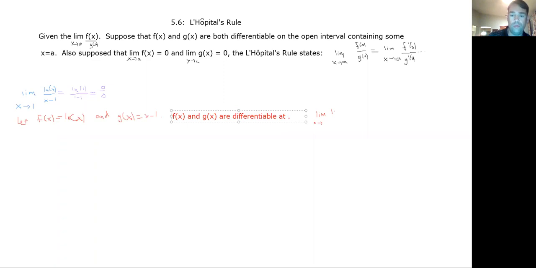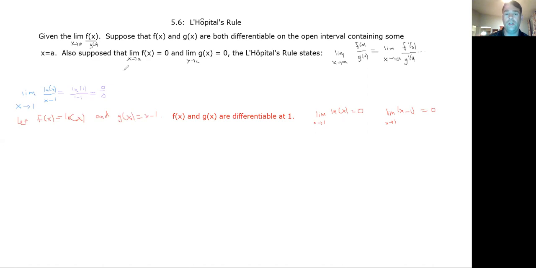There we go. If I plug 1 in here, the natural log of 1 is 0. And if I plug 1 into the limit of g of x, that equals 0.